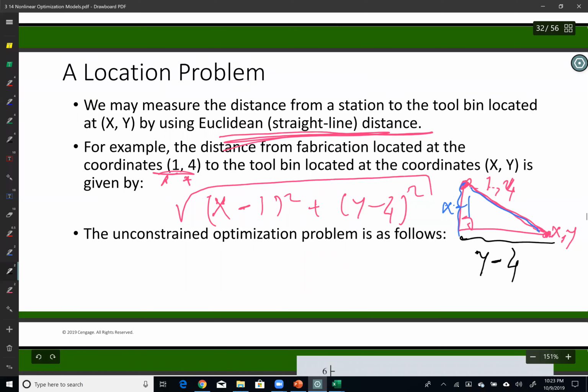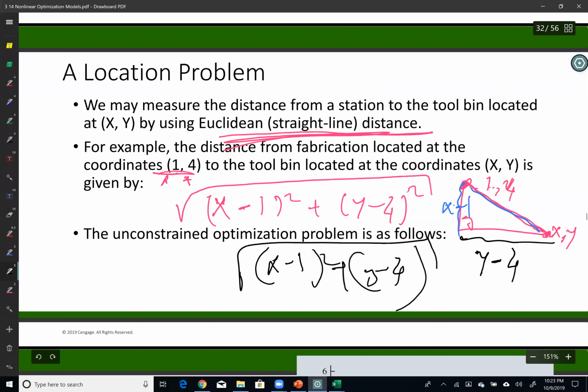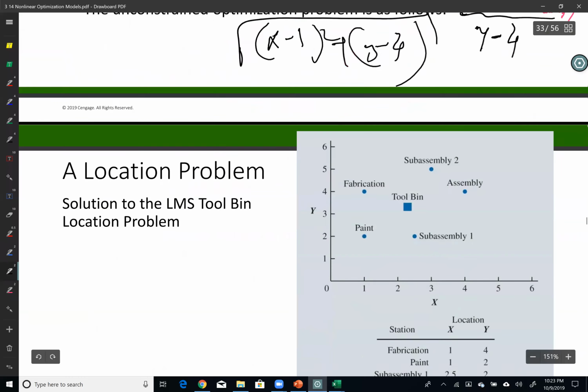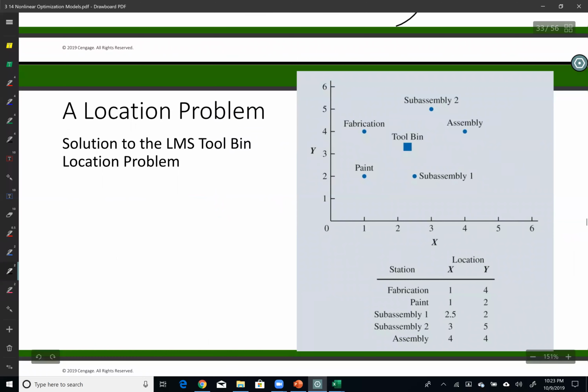So the distance is the square root of (X minus 1) squared plus (Y minus 4) squared, which is the straight line between those two locations. This is the toolbin location that I'm trying to figure out.